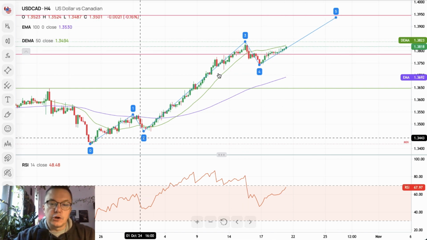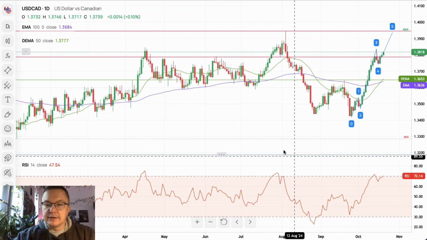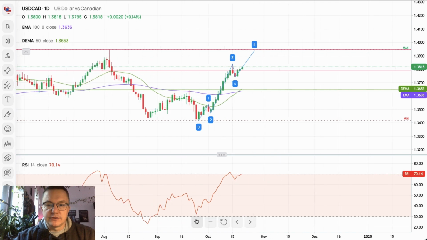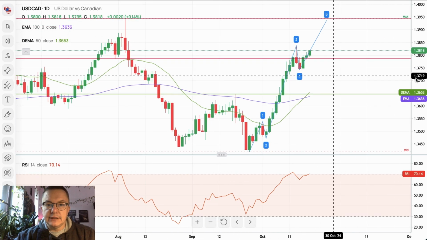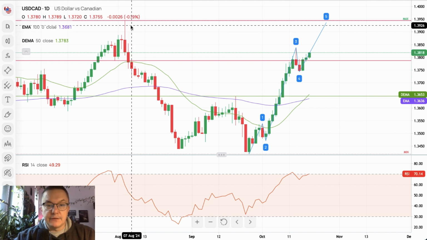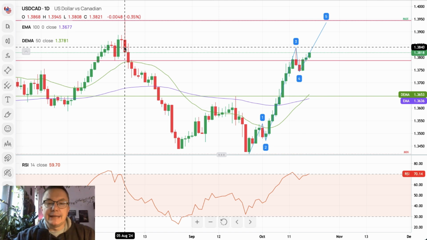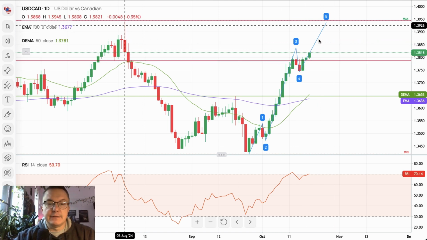Very strong wave 3. If we switch to daily, you can see it. There you go. We can see it straight on right now. How strong was this wave, and how it looks on the daily time frame chart, and even the target is now visible. As you can see, a big reversal bar, a big pin bar made here at the beginning of August, and this is where we are heading right now, exactly to the same level to test it.